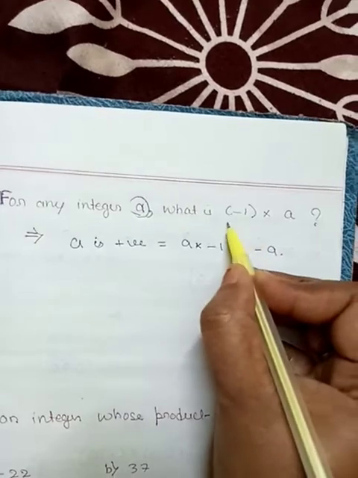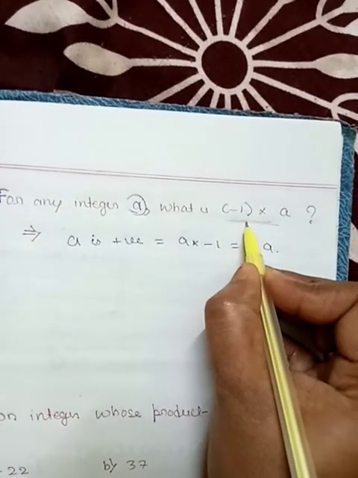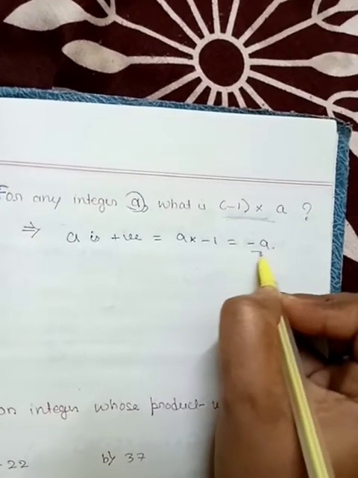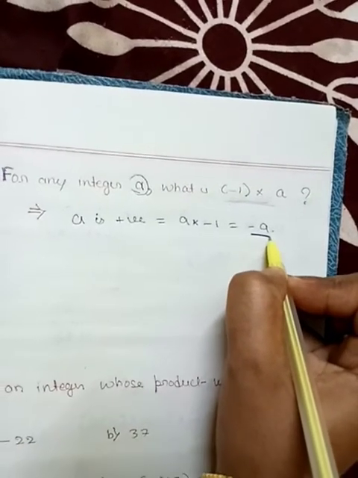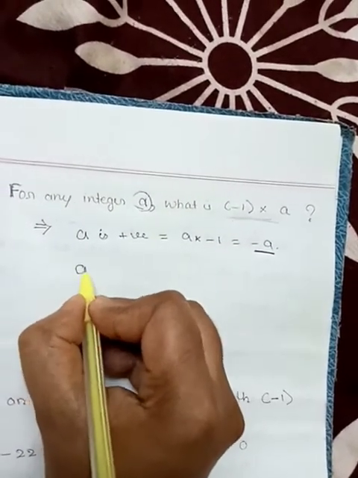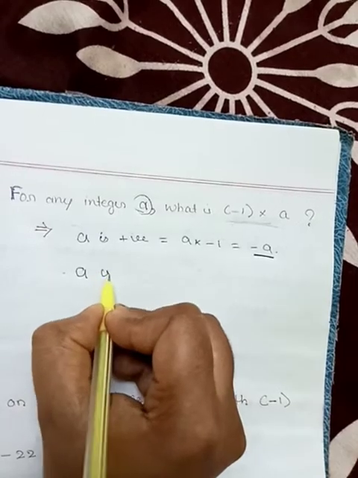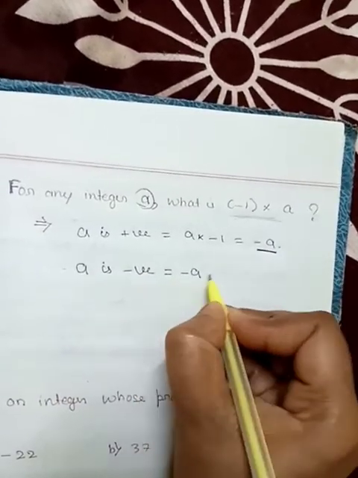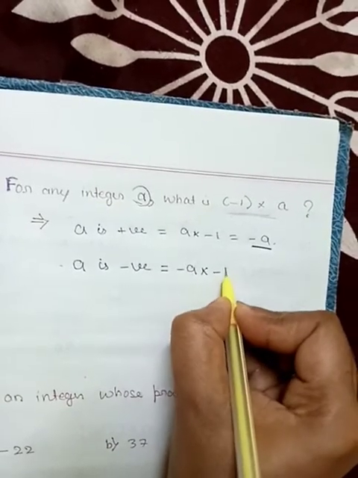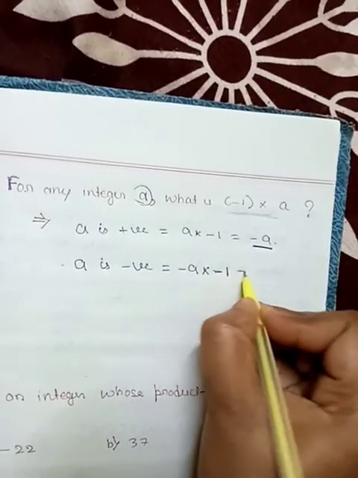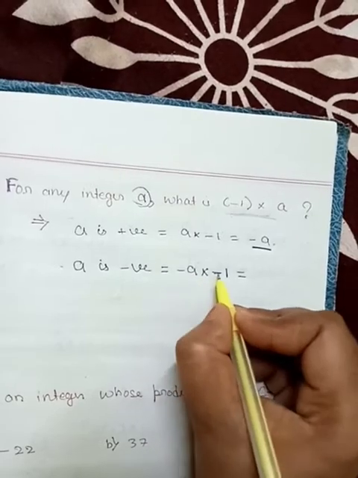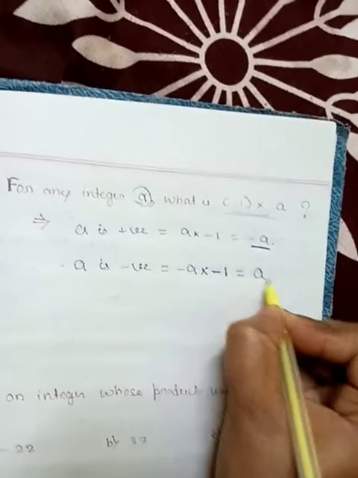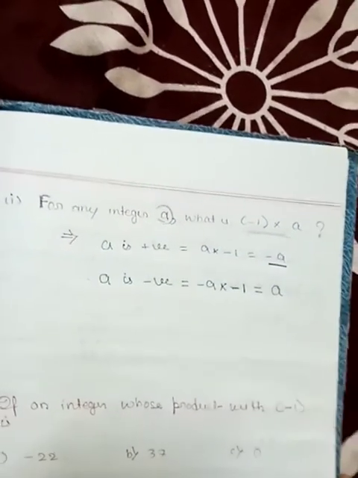Here the question is, if minus 1 will be multiplied with a, then the answer will be negative. And if the integer will be in negative state, if a is negative, that is minus a, and we have to multiply it with minus 1, then minus minus becomes plus, then we'll get a.